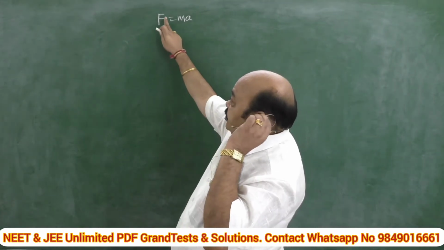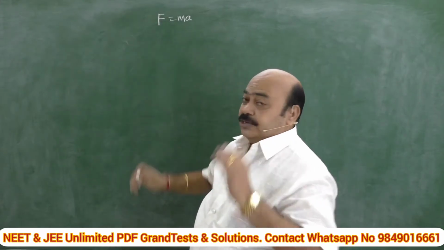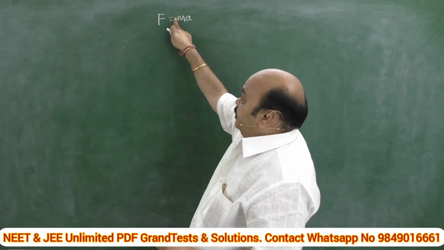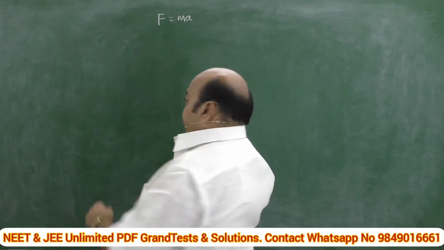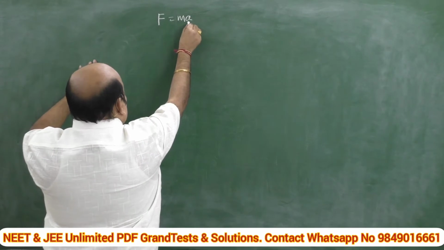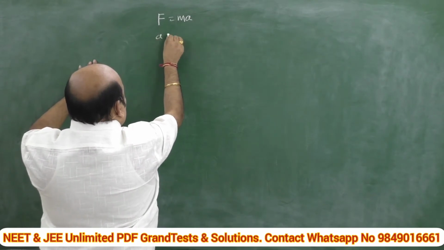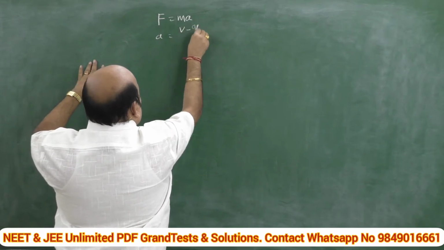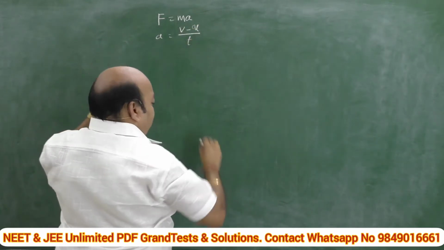See, force F is equal to ma, mass into acceleration. From ordinary kinematics, we know very well that acceleration can be written as rate of change of velocity. Very basic formula.